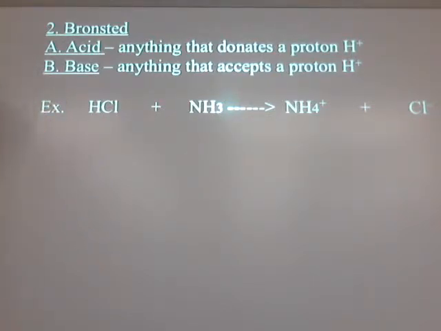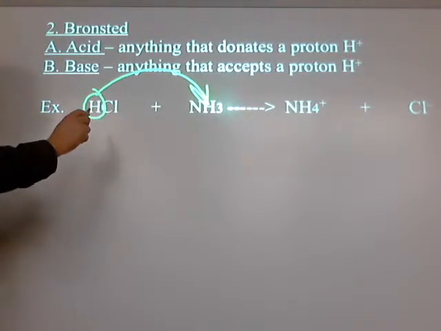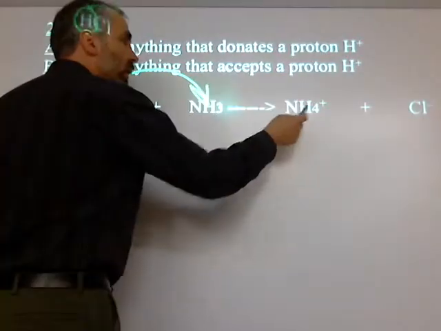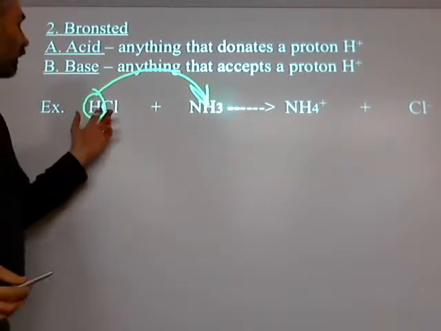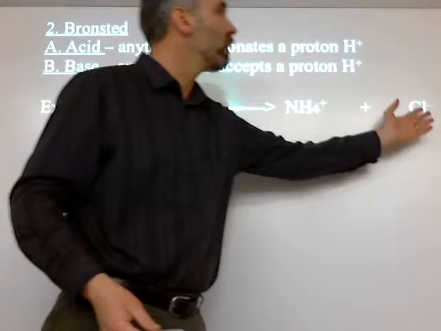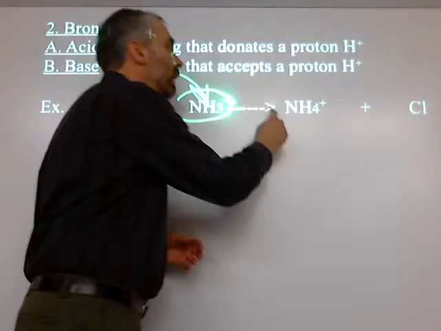In this case, what's going on, H is leaving HCl, right, and adding on to here. Do you see how that's happening? Everybody's looking here and seeing that obviously it was HCl over here, and now it's just Cl. It must have lost or donated an H. It was NH3 over here, now it's NH4 over here.